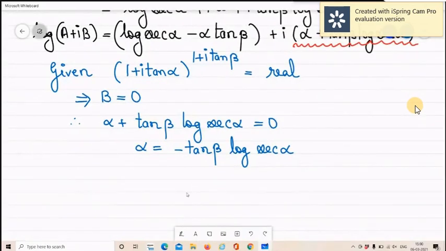Because of what I have written, this is real and b is 0, so the imaginary part is 0.